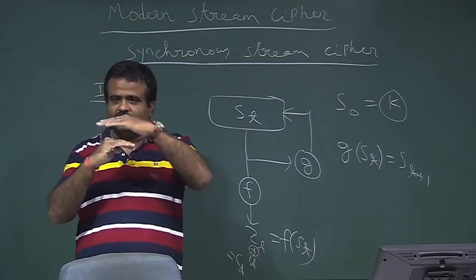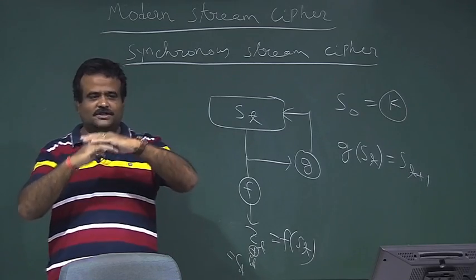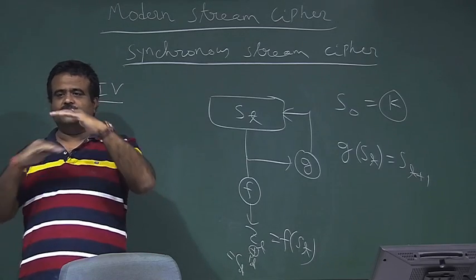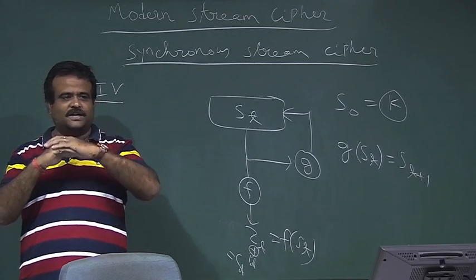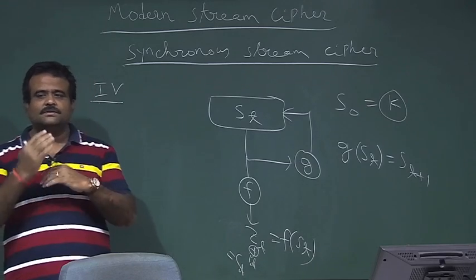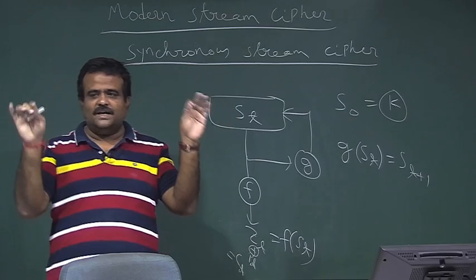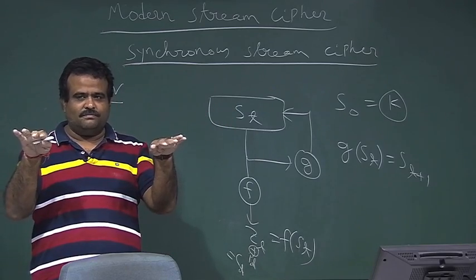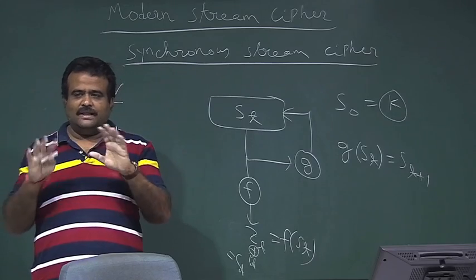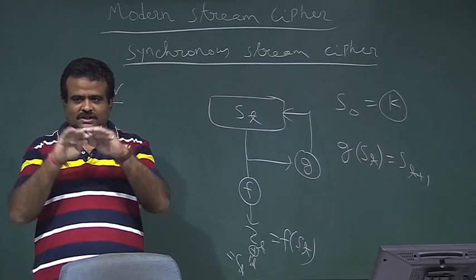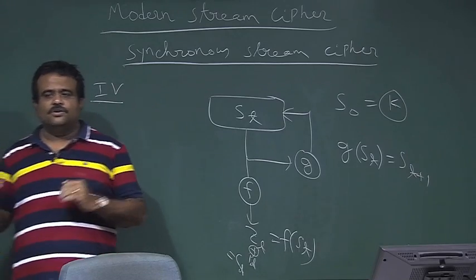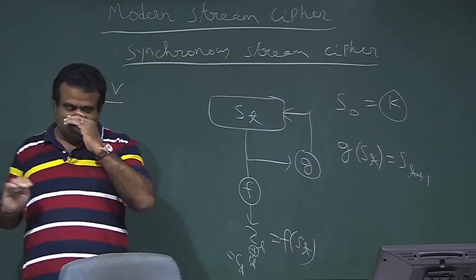After reaching the initial state, we start generating the key stream. The initial state is obtained after running this a few times, after putting the IV and the key into the finite state machine and clocking it many times, and then we stop. Now this is our initial state. After this, we keep on running to get the key stream. So that is the idea.